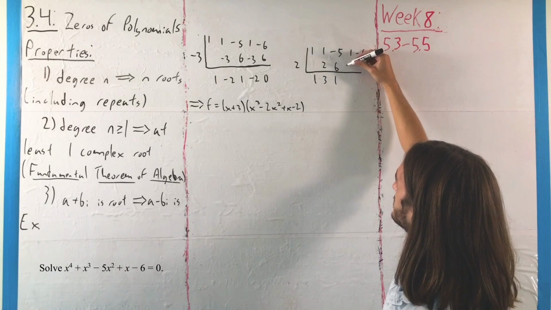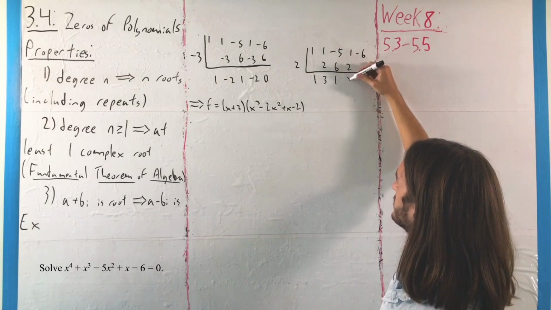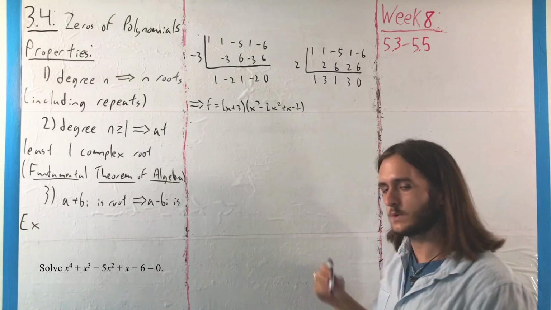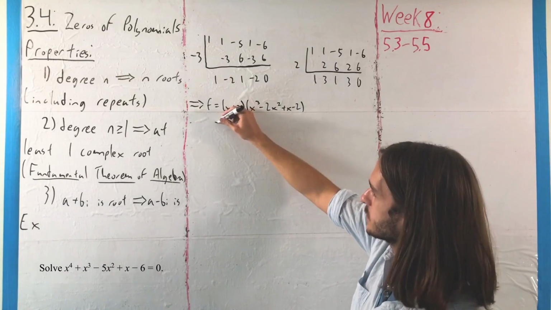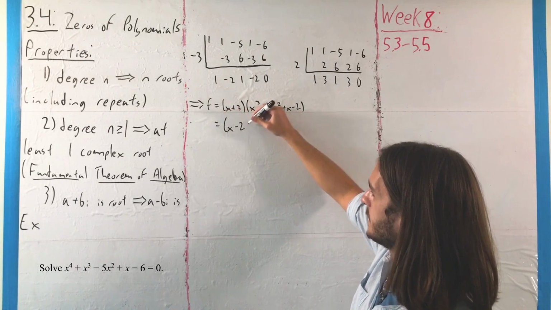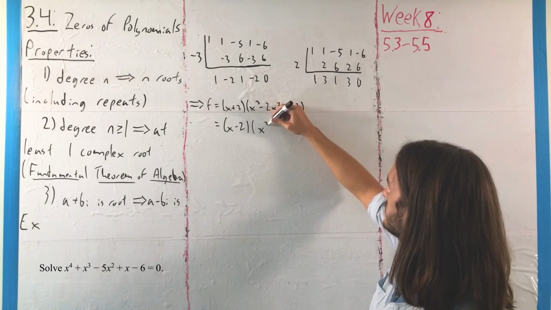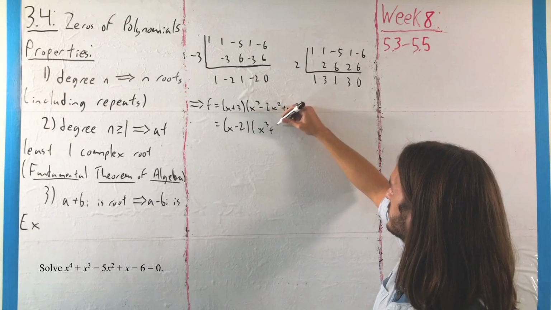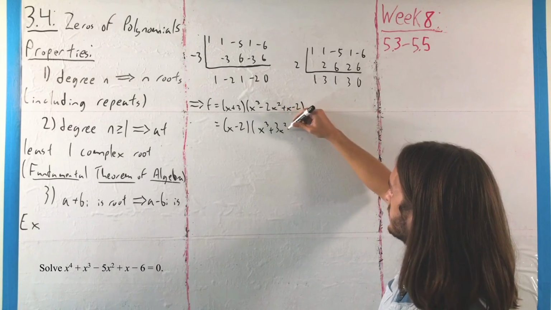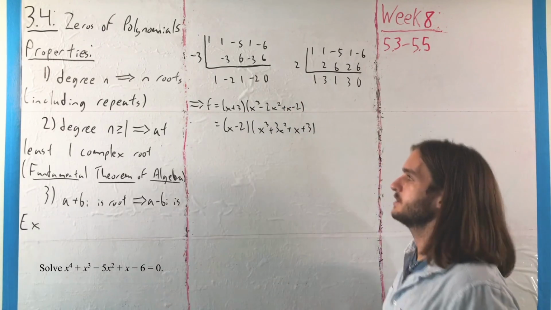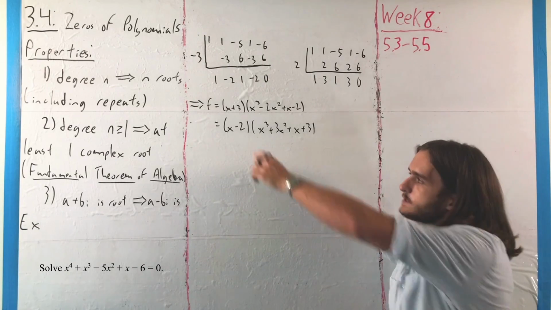Times 2 is 2, pull down the 1, gets 3. 2 times 3 is 6, pull down the 6, gets 0. So our other potential factorization will be in terms of x minus 2 multiplied by x cubed plus 3x squared plus x plus 3.